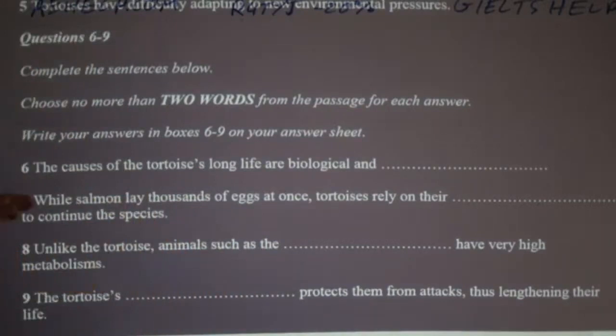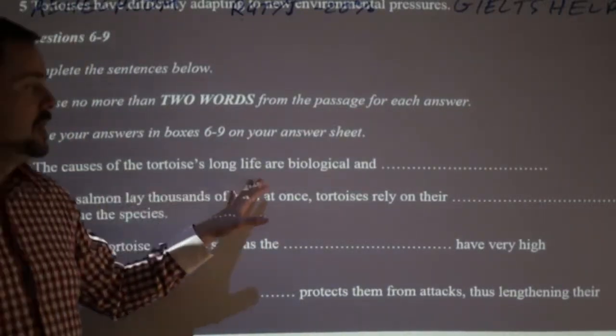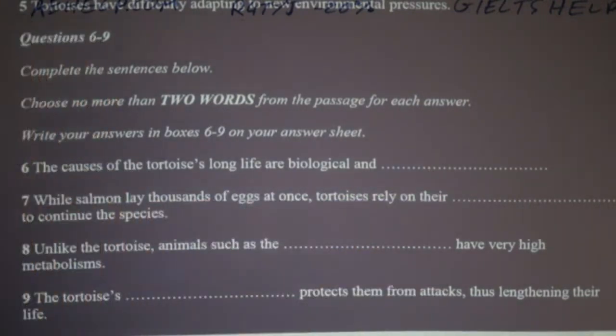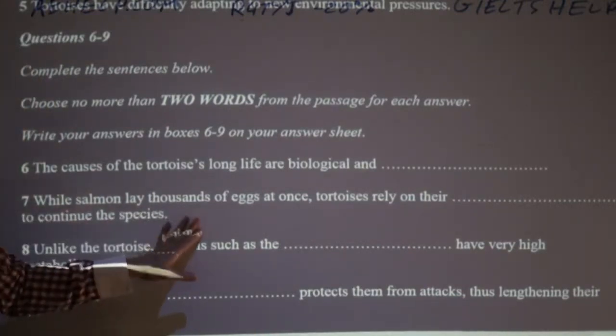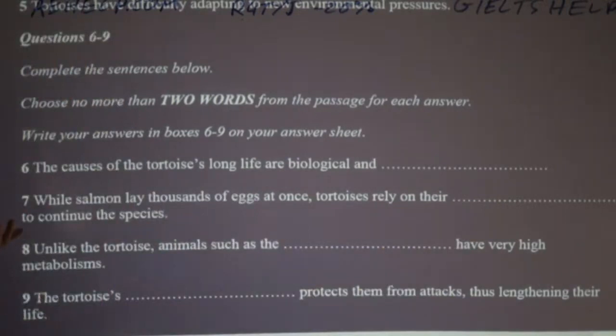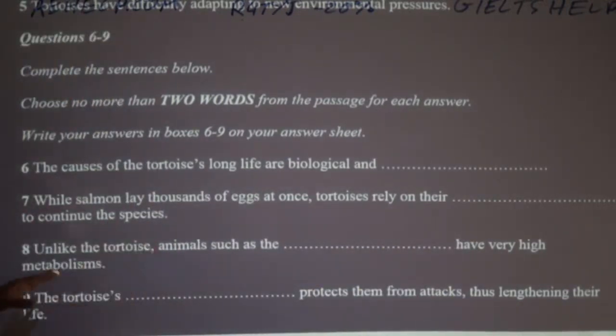Okay, so number 6, the causes of the tortoise's long life, are biological, and something, I know it's a noun. While salmon lay thousands of eggs at once, tortoises rely on their some kind of a skill to continue the species. Okay.